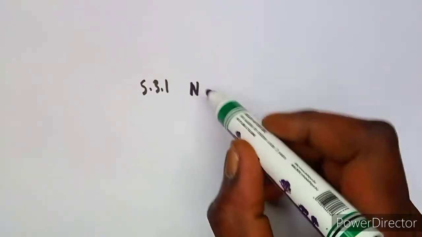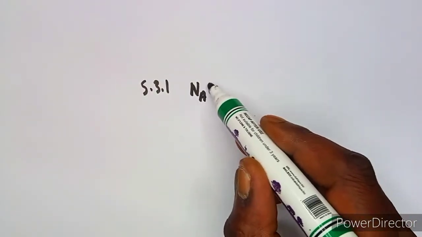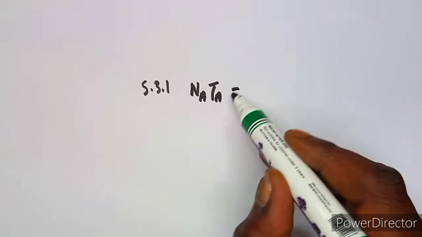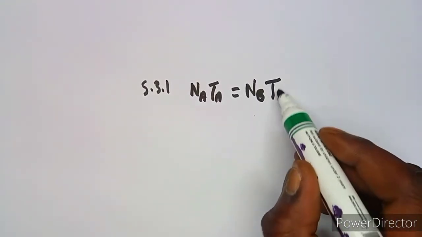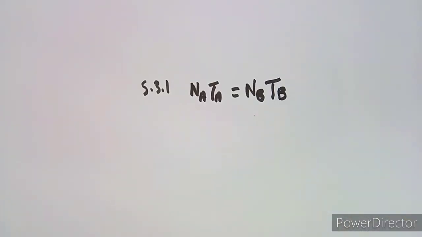So you can write this as NA, the rotational speed, times the number of teeth on A, TA, is equal to NB times TB. Just like that, guys. You can memorize this, but to know the concept is best for how you work with this and just substitute.